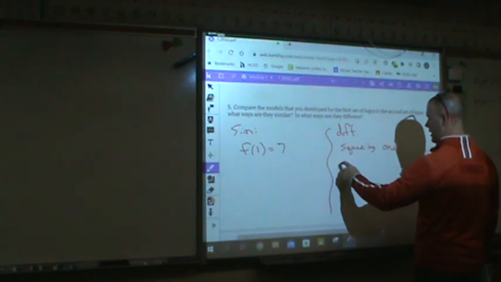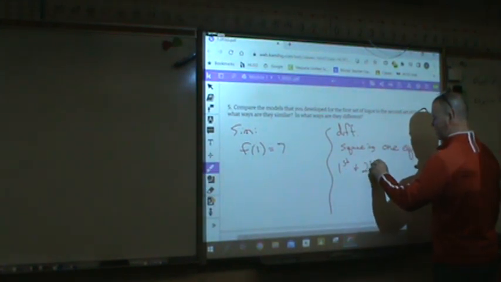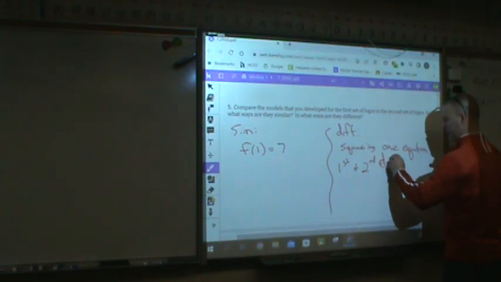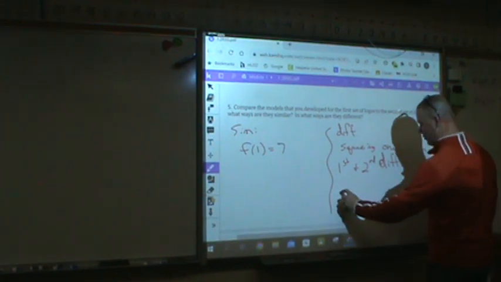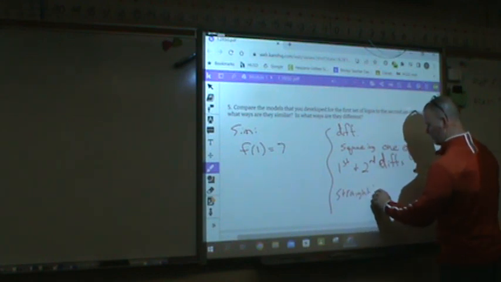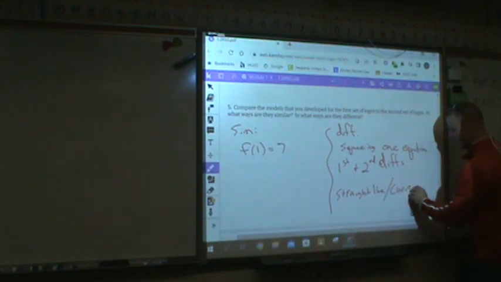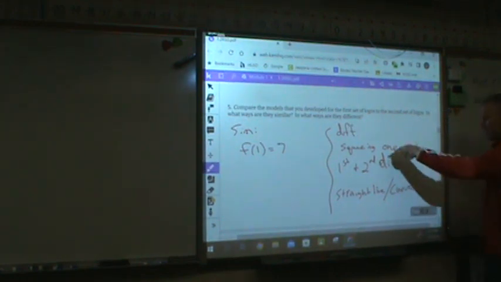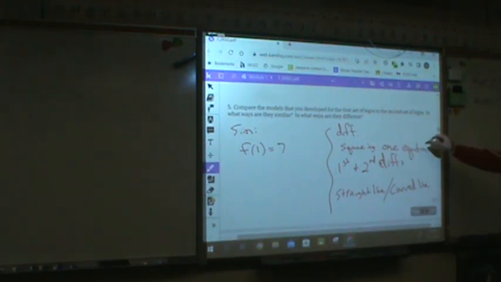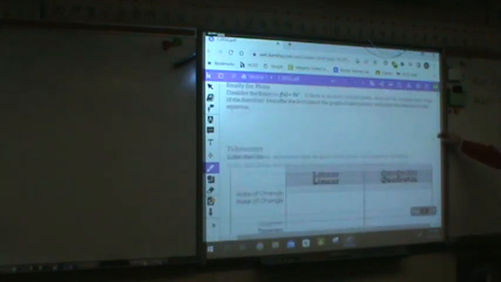The difference from a table is first and second differences. And from a graph, we have a straight line versus a curved line. These are kind of the key differences in linear and quadratics, and especially when we look at these two examples.